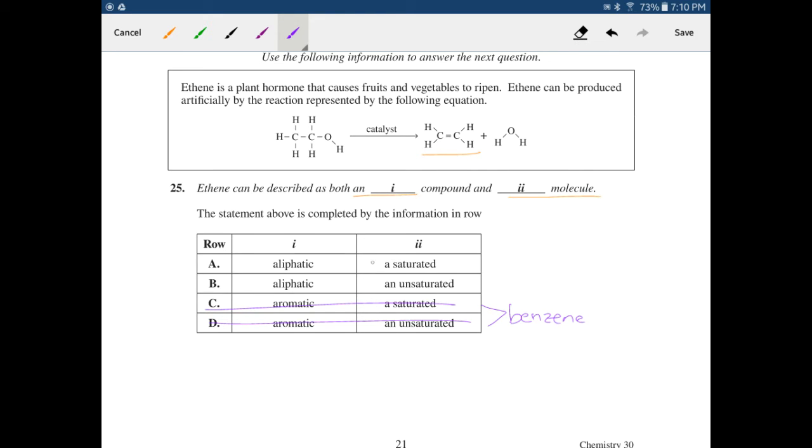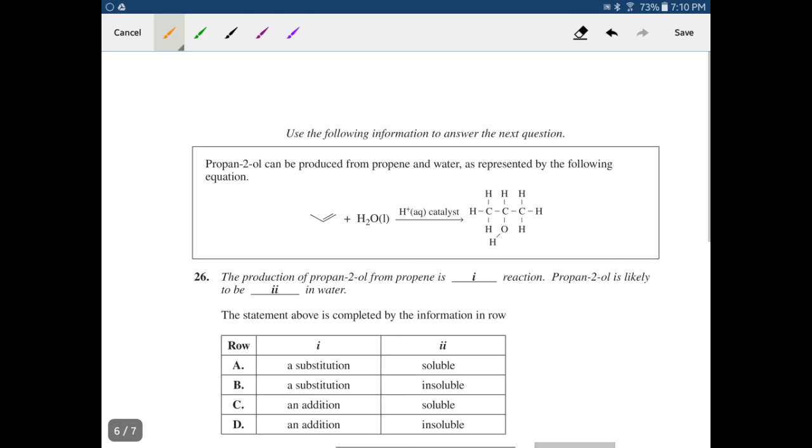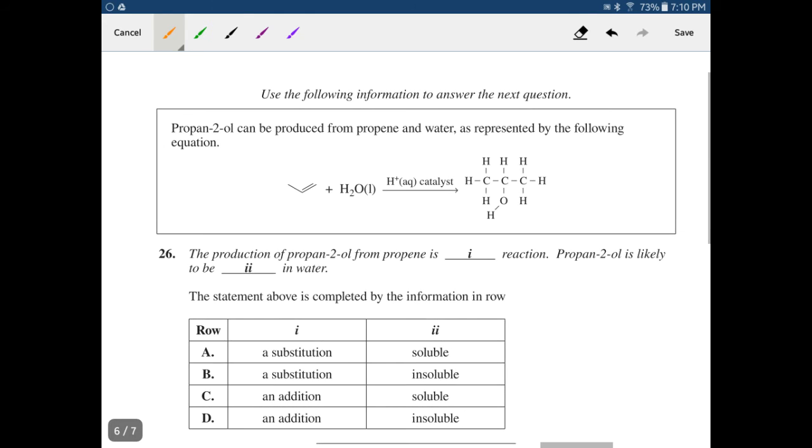We don't have as many hydrogens as we possibly can, so this is an unsaturated compound. Again, that is all to do with the fact that we have a double bond. So again, if we see a double bond or a triple bond, we know that it's an unsaturated compound.